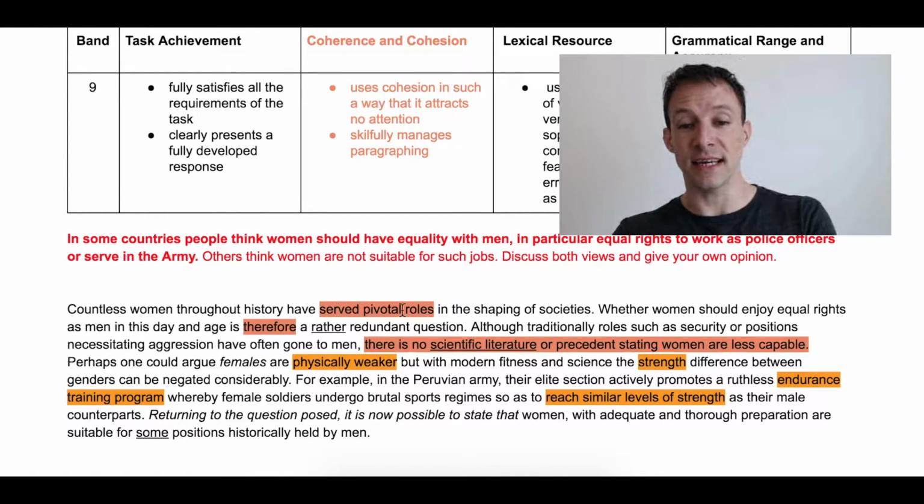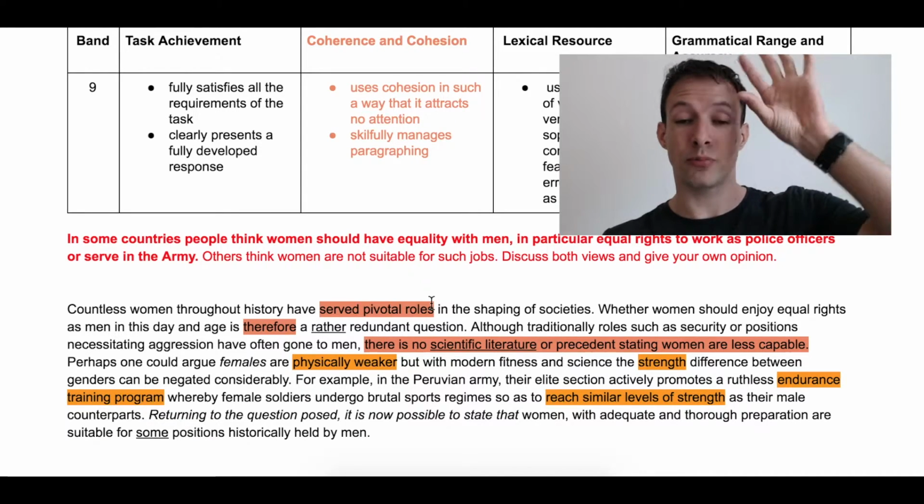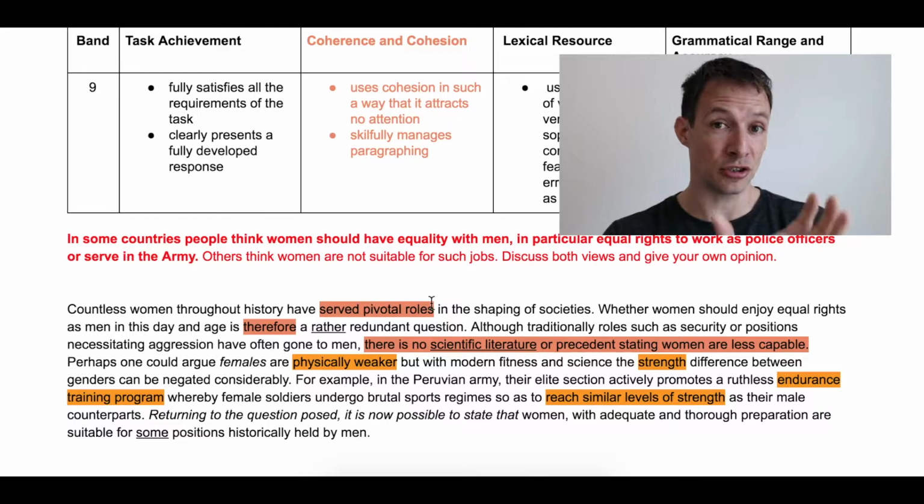So you can see here, have served pivotal roles in the shaping of societies. Pivotal roles refers back to these kinds of roles in the army, in the police, and that's what I'm referring back to, and I would have probably mentioned this in the introduction as well.